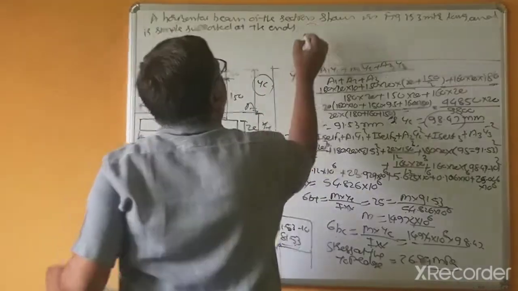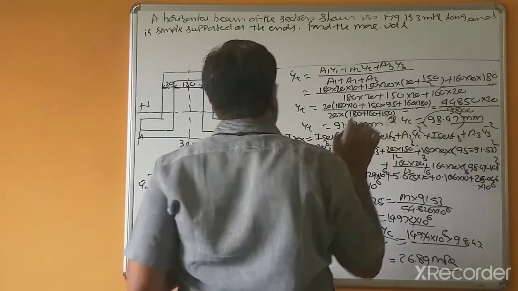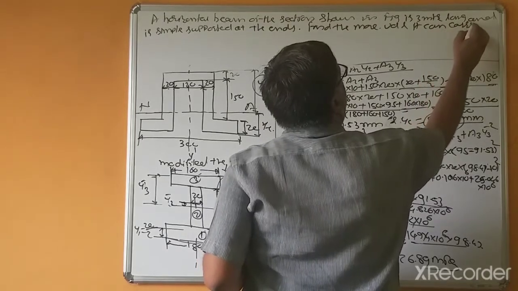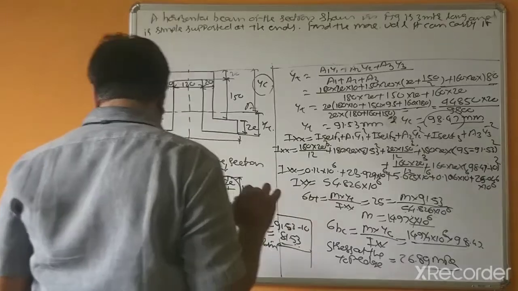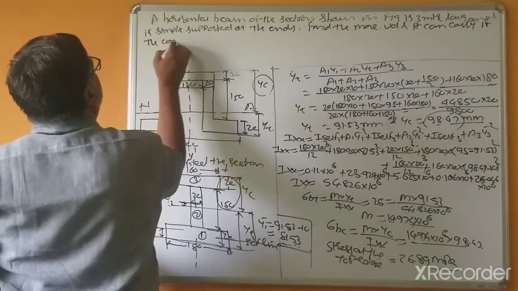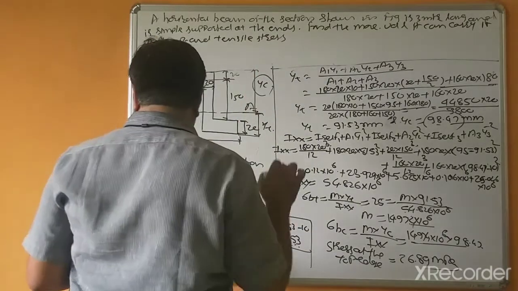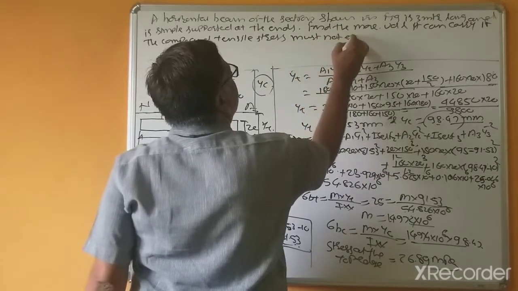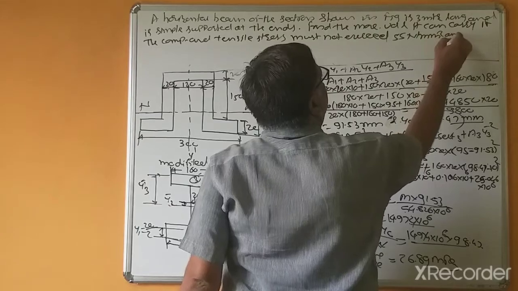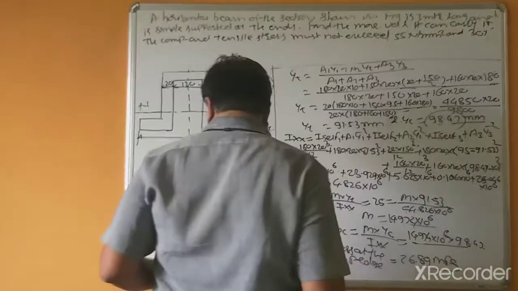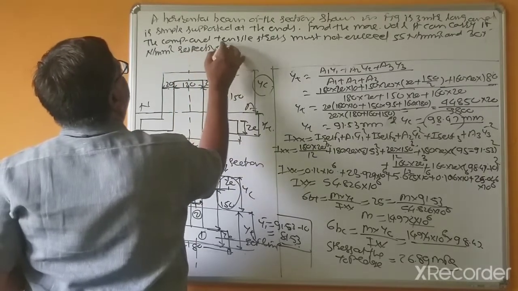Find the maximum UDL it can carry if the compressive and tensile stress must not exceed 55 Newton per mm squared and 30 Newton per mm squared respectively.